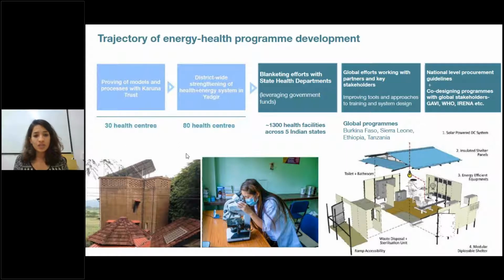We're also working across countries in sub-Saharan Africa through various partnerships, and at a policy and engagement level, also trying to see how entities like Gavi, the Global Vaccine Alliance, WHO and IRENA are looking at energy and efficiency in their healthcare programs. Next.